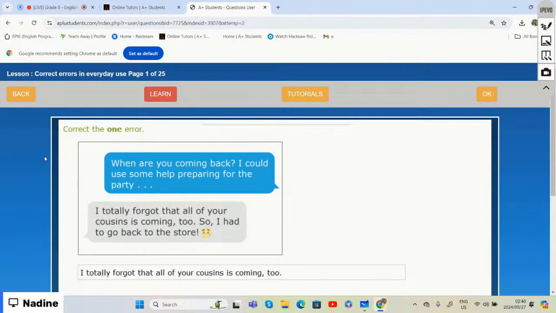So I'm going to read it again. We need to correct one error. Before I scroll down to show the options, what do you think is the error within that text or conversation or message or DM?